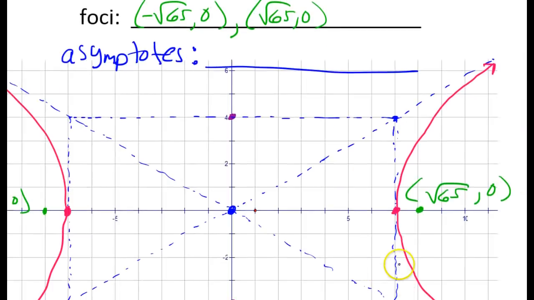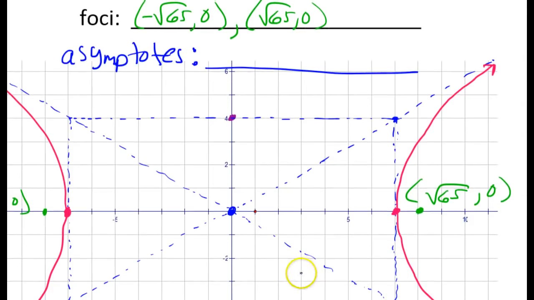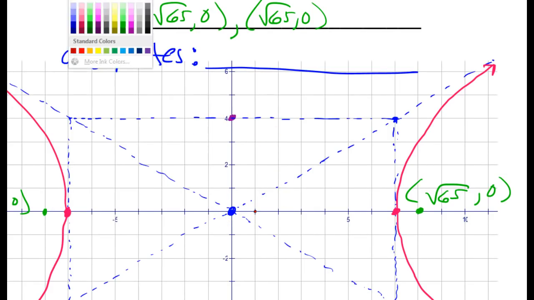Okay, and the way I write the asymptotes is I use the point slope form of the equation of a line. So point slope form works like this.